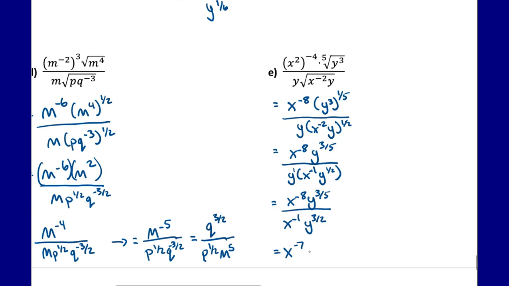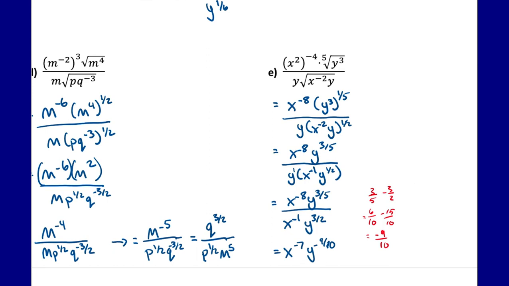That's the same thing as saying 6 over 10 minus 15 over 10, because 3 over 5 minus 3 over 2 becomes 6 over 10 minus 15 over 10, which equals -9 over 10. So y to the power of -9 over 10.